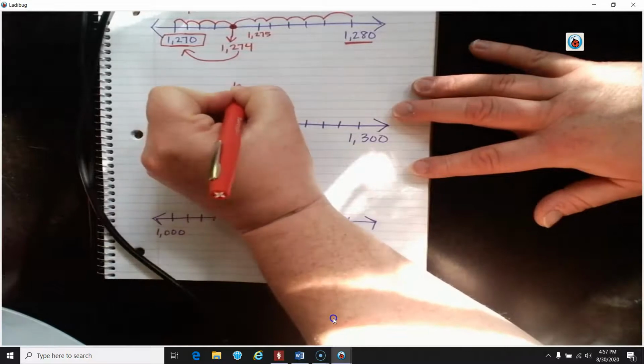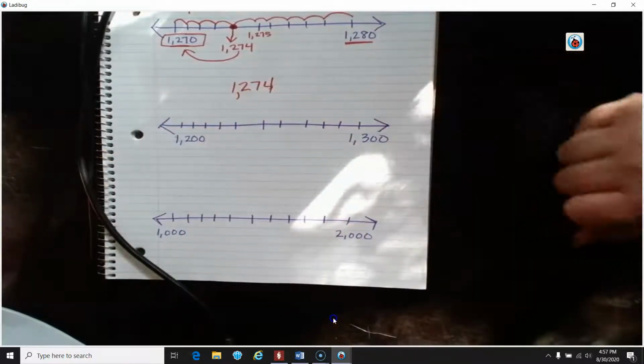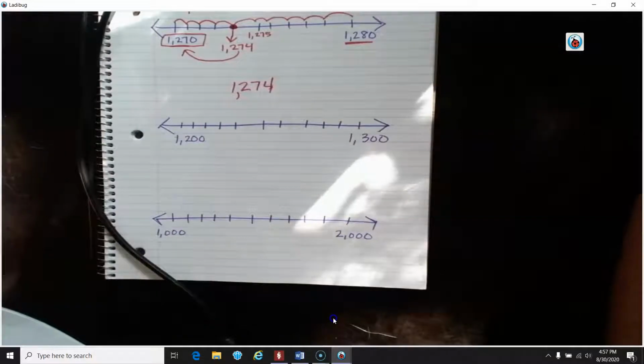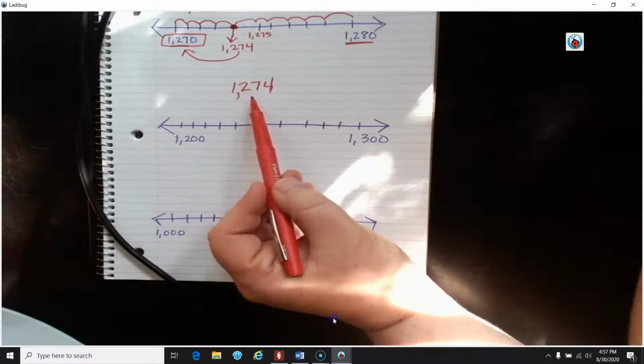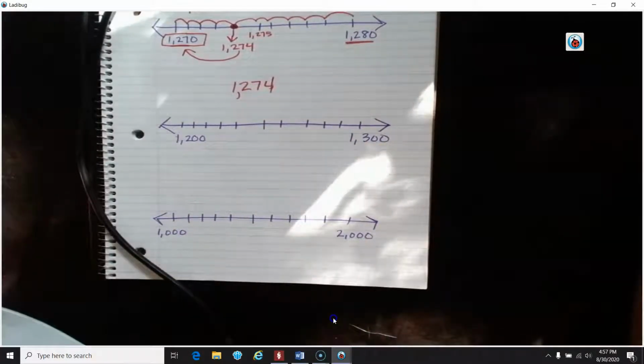So I'll write it down here since I can't see the top of my paper anymore. 1,274. So now I want to think about which two hundreds on a number line this number is between. So I'm going to take the 100 that's in the number, which would be 1,200, and the next 100 up would be 1,300. Now again, I have split this number line into 10 sections, but this time they are not worth 1, they are worth 10, okay?